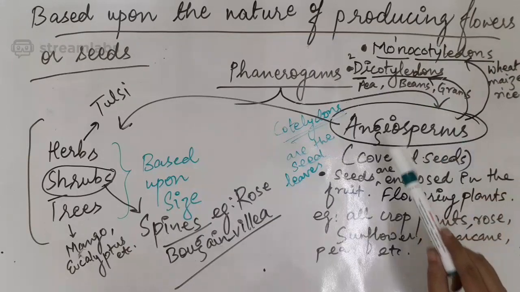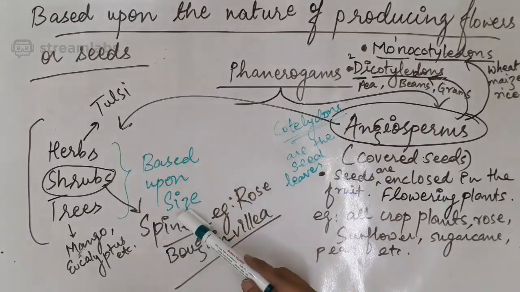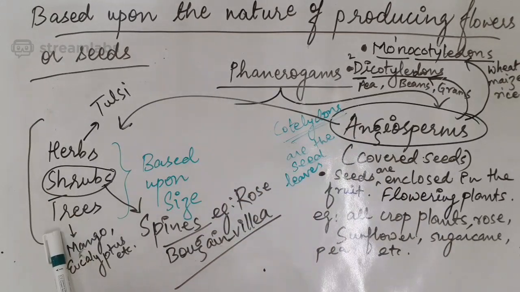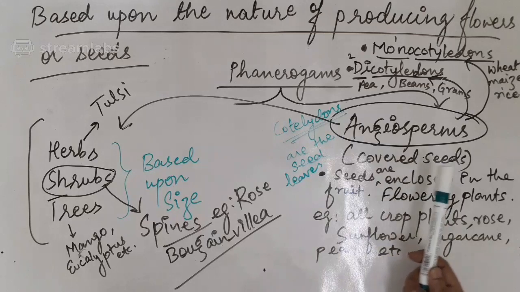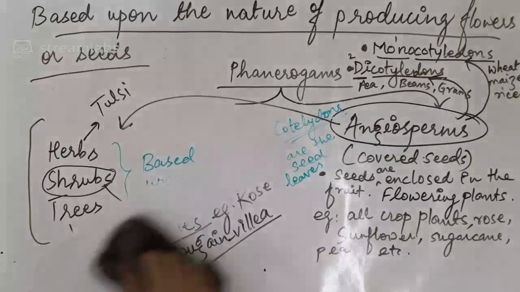After this, the angiosperms are further divided on the basis of size into herbs, shrubs and trees. Okay, and angiosperms are the phanerogams or the covered seeds, flower producing plants. Now let us take the last topic, that is kingdom Animalia.